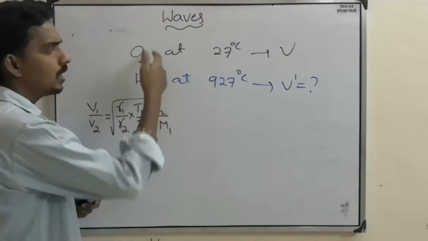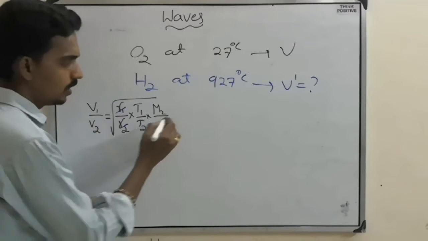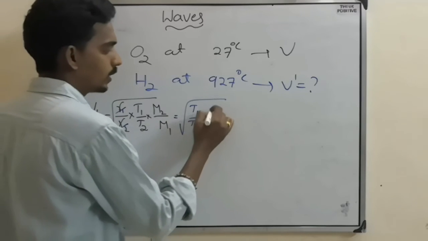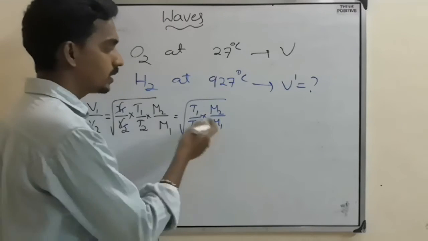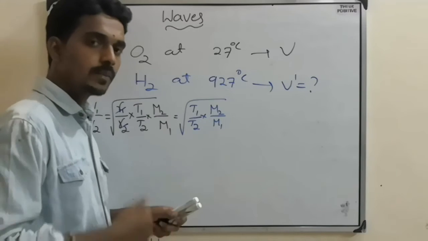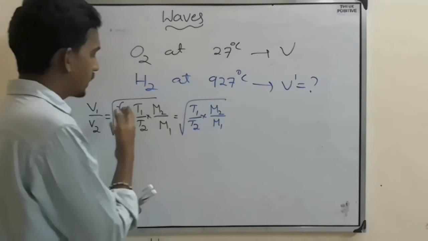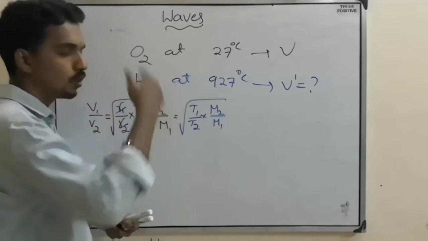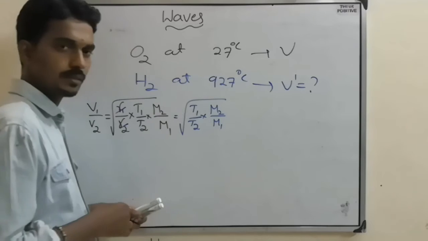As both are diatomic gases, these two get cancelled. So the formula will become T1 by T2 into M2 by M1. When both gases are the same type, either mono or di or tri, you can cancel gamma, because gamma is the same for both of them. Then look at the temperatures and masses.